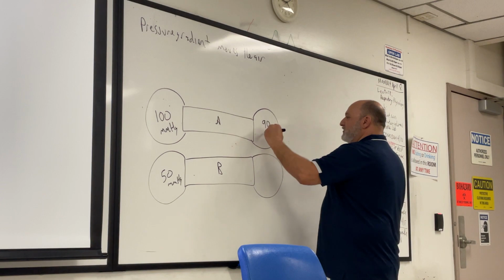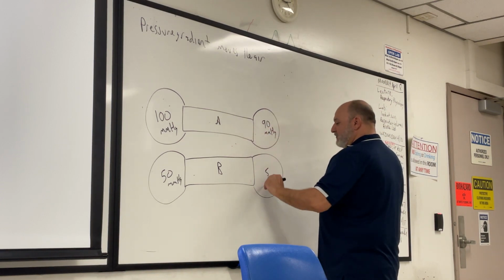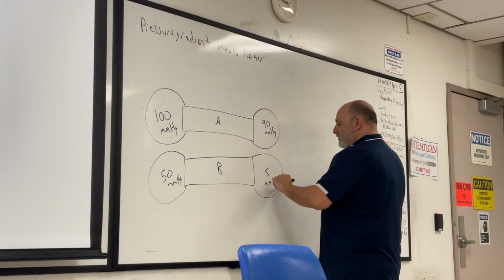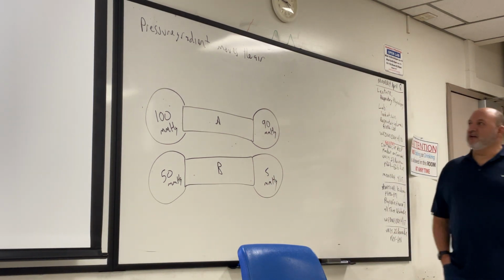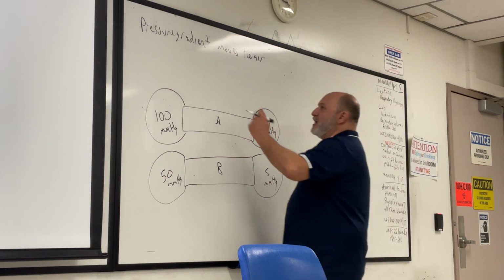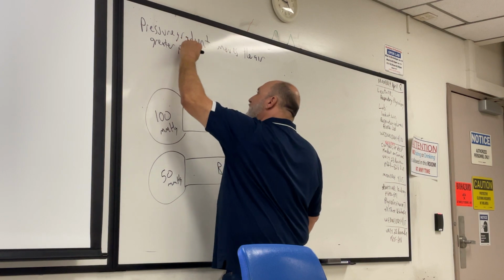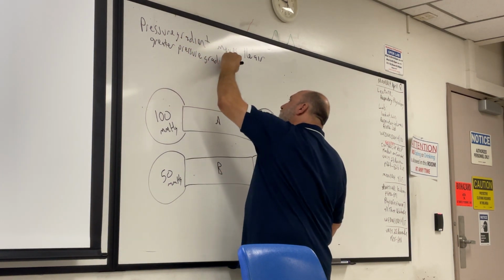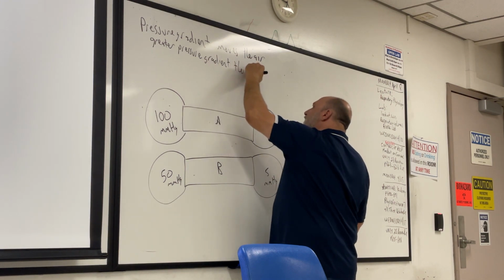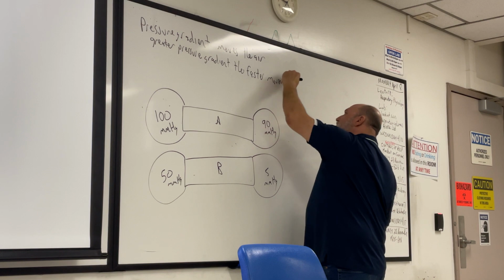What if over here it's 90 millimeters of mercury, and over here it's 5 millimeters of mercury? Which one's moving faster now? B, right? So pressure gradient moves the air, and the greater the pressure gradient, the faster the movement of the air.